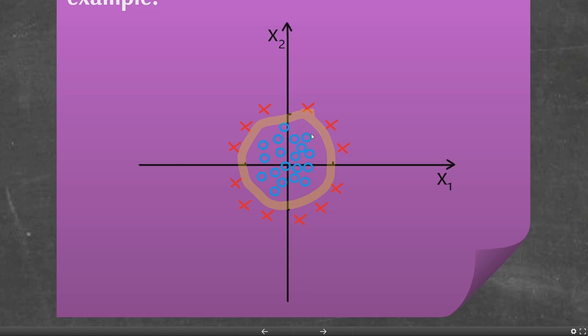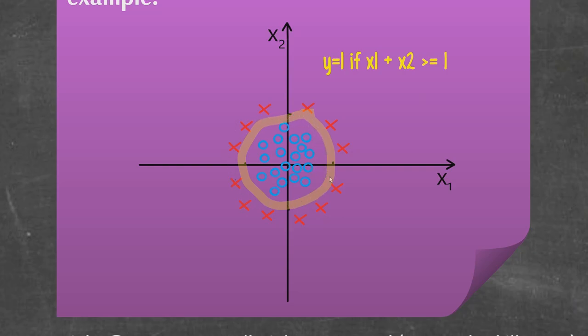For example, in our cancer example, tumors, malignant or not malignant, and so on. So y equals 1 if x1 plus x2 is more than or equal to 1.